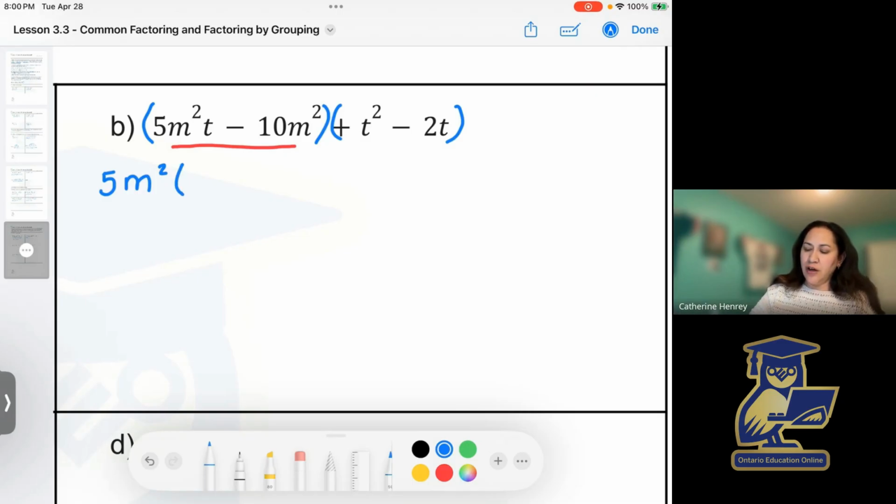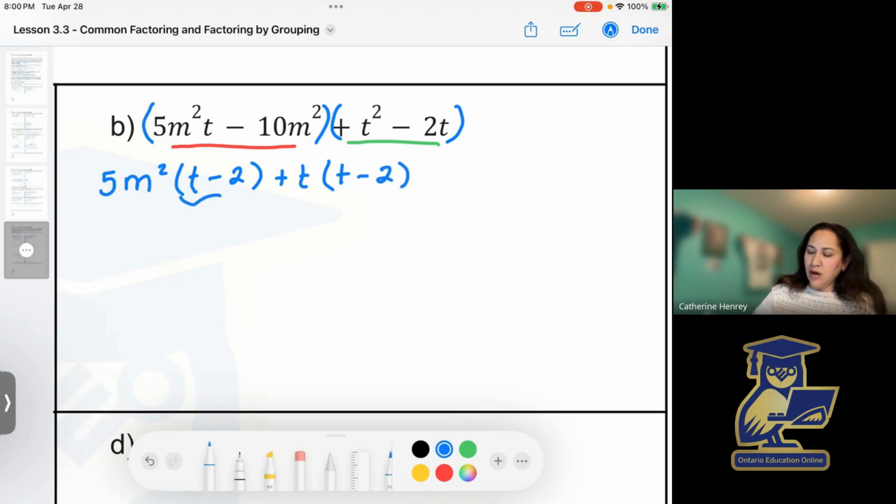Well, 5m squared t divided by 5m squared leaves a t, and then negative 10m squared divided by 5m squared leaves a negative 2. Now, what can I take out of the second bracket here? Looks like I can take out a t. So I'll take out a positive t. What's going to be left over is t minus 2.